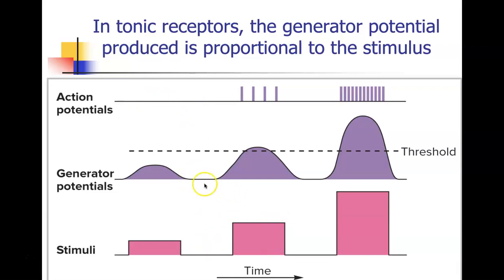Medium pressure, you get a large enough generator potential that gives you some action potentials. A large stimulus gets you a large generator potential and a lot of action potentials. And your brain can then perceive this information as strength of the stimulus because a lot of action potentials means a strong stimulus, a few means a medium, and none means nothing.